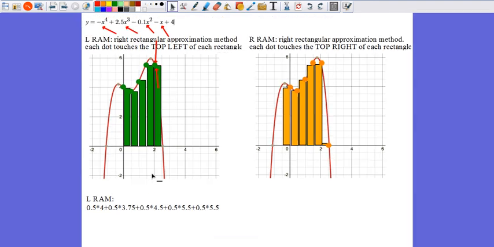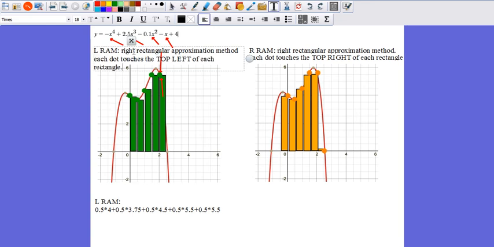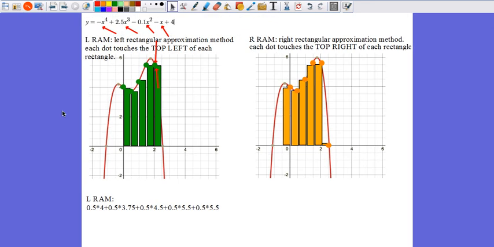Now, what we just did is called left rectangular approximation method. The reason it's called left as opposed to right is that if you look at these dots, they're on the top left of each rectangle.